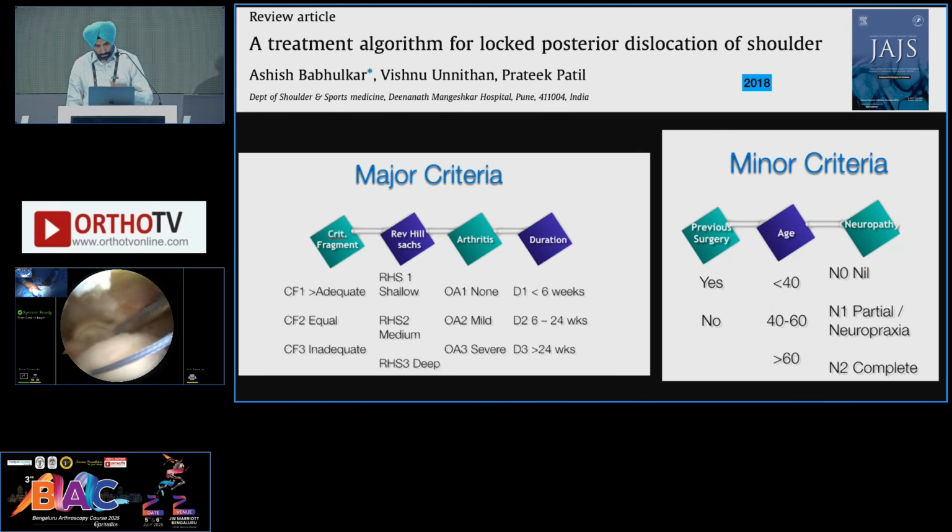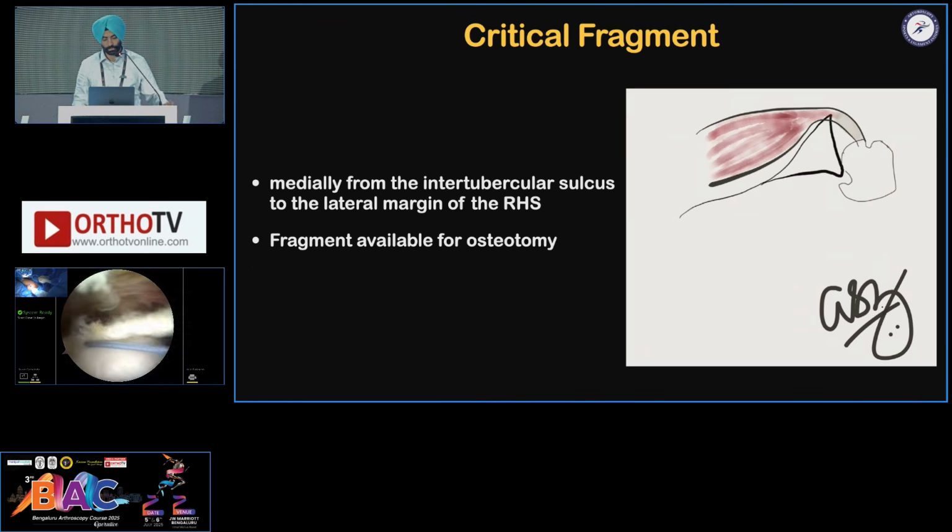Dr. Babulkar gave us some criteria to look into this, in which they described major criteria and minor criteria, which consisted of the critical fragment, reverse Hill-Sachs, the arthritis, and the duration of dislocation, and gave us a few minor criteria. So the critical fragment was the fragment which was available for osteotomy. So it was basically medially from the intertubercular groove to the lateral margin of the reverse Hill-Sachs.